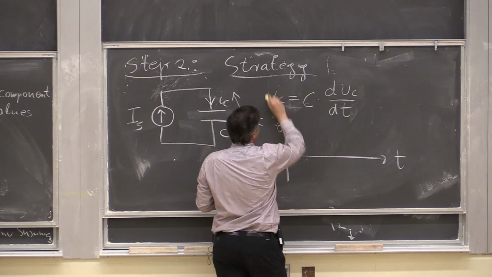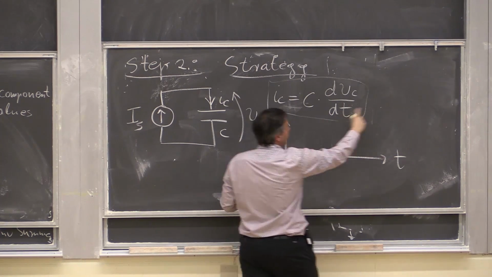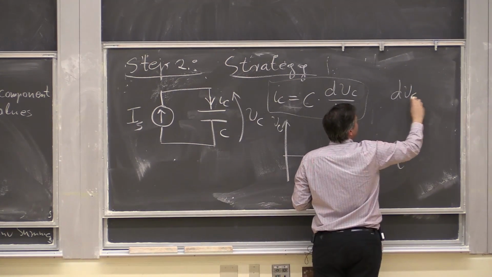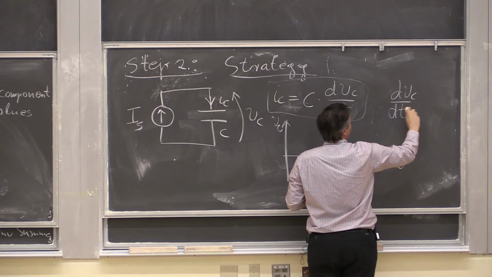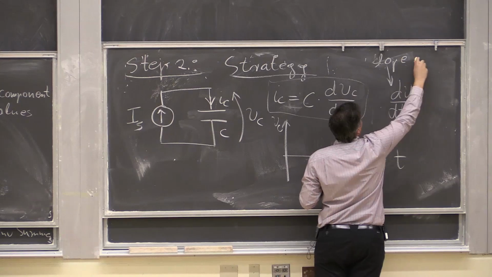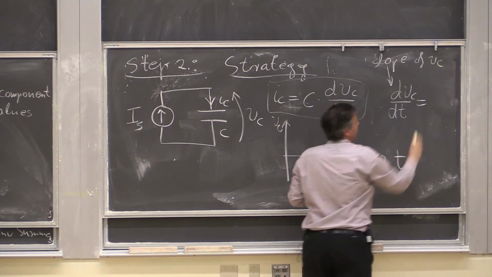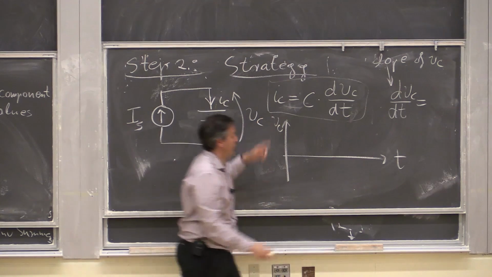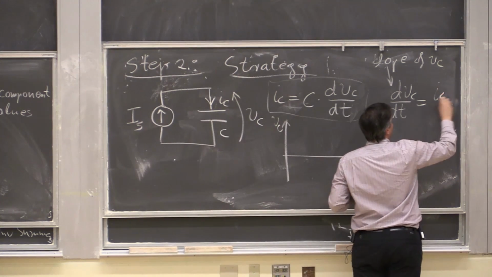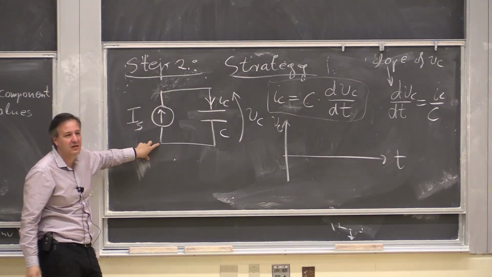Let's take a look at this equation. The slope of voltage is dVC dt. This is the slope of VC, so what is that equal to? It's IC over C. In this case, what is IC?